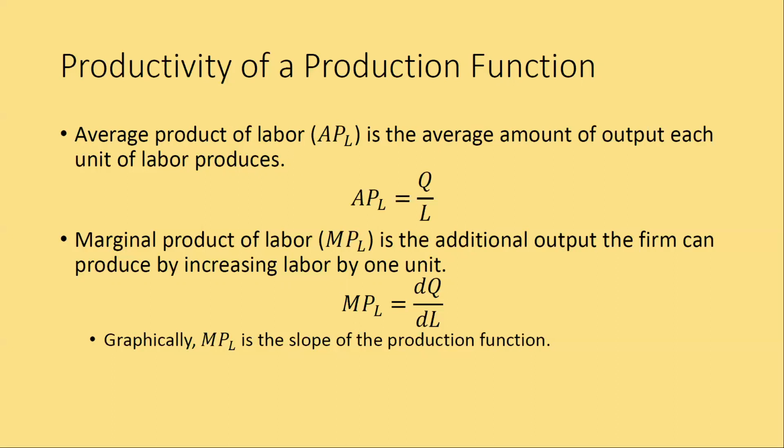And if you recall, marginal utility is the slope of the utility function. Here, the marginal product of labor is going to be the slope of our production function when we have a single input.